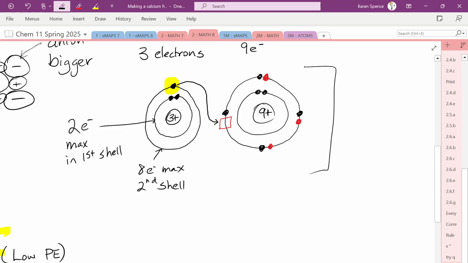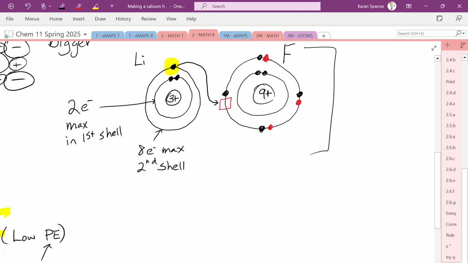So what we end up with then is this is Li neutral, this is fluorine neutral, and it's going to become, we have 3 plus, and now we just have 2 electrons, and the outer shell is now empty. Because it is an ion, we will put brackets around it, and we will put its charge.